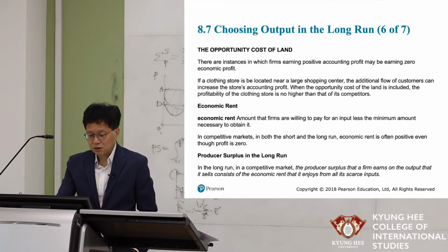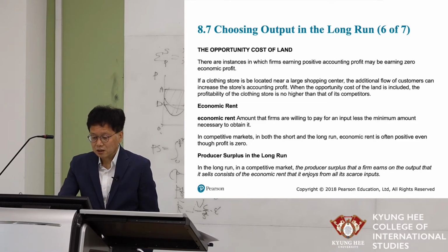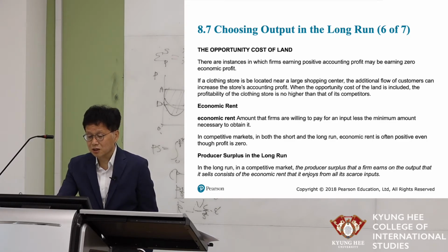And next slide, the opportunity cost of land. There are instances in which firms earning positive accounting profit may be earning zero economic profit. So we already studied the difference between accounting profit and economic profit, right?